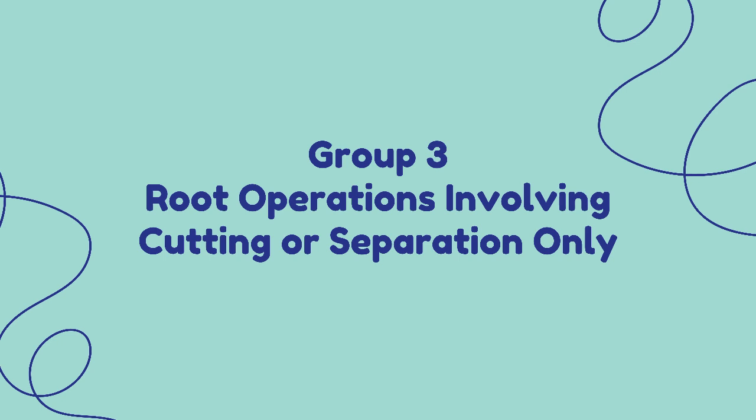And now we are going on to our next group. Here we have group number 3, which are 2 root operations that involve cutting or separation only. Cutting or separation only. And the definitions of these 2 root operations are different than group 1, right?